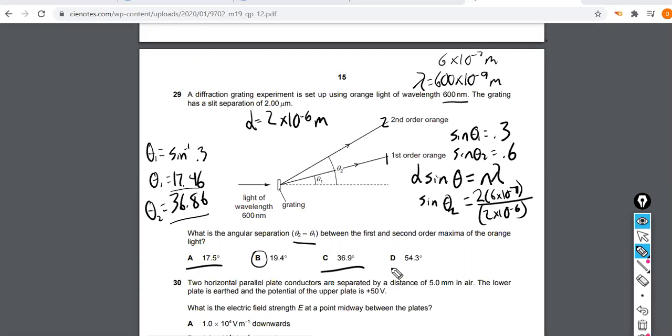It's asking for the difference, it's right there, minus, okay? So you wouldn't add them. So B is correct. And that's how we solve problems involving multiple slit interference, answering the essential question of the day.